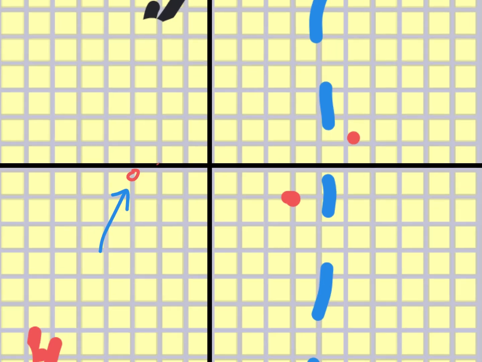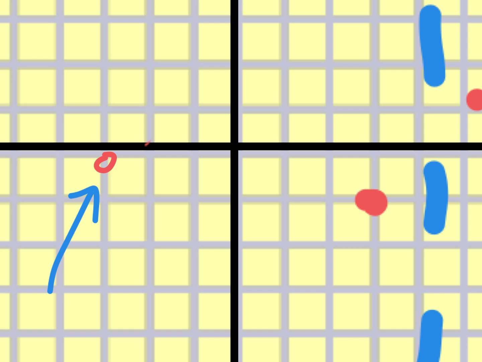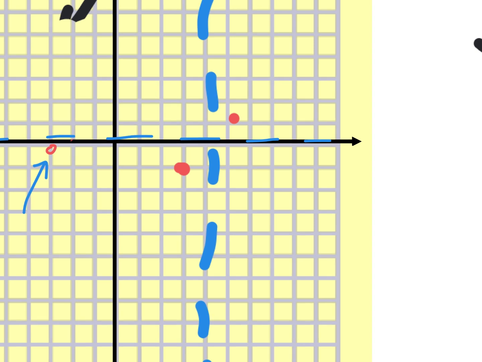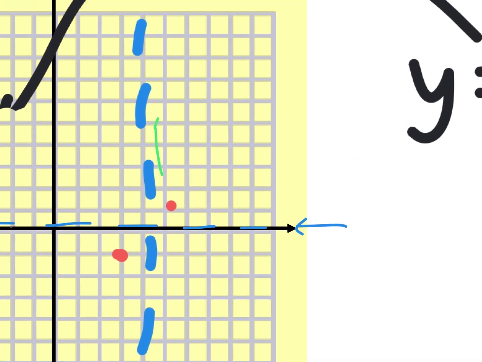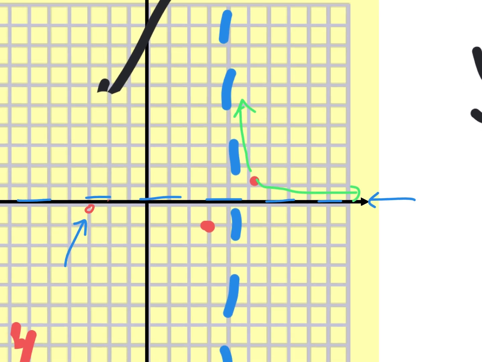And you see this one, how it got really close to 0, but it didn't touch 0? That's where I think the asymptote is. So maybe I should teach you next how to find the horizontal asymptotes. Because if you got the horizontal asymptotes in there and the vertical asymptotes, then you just got to finish your lines because you know they get closer and closer to the asymptotes. This would be the graph. It has to go through that hole and keep going. I know that's what the graph looks like.